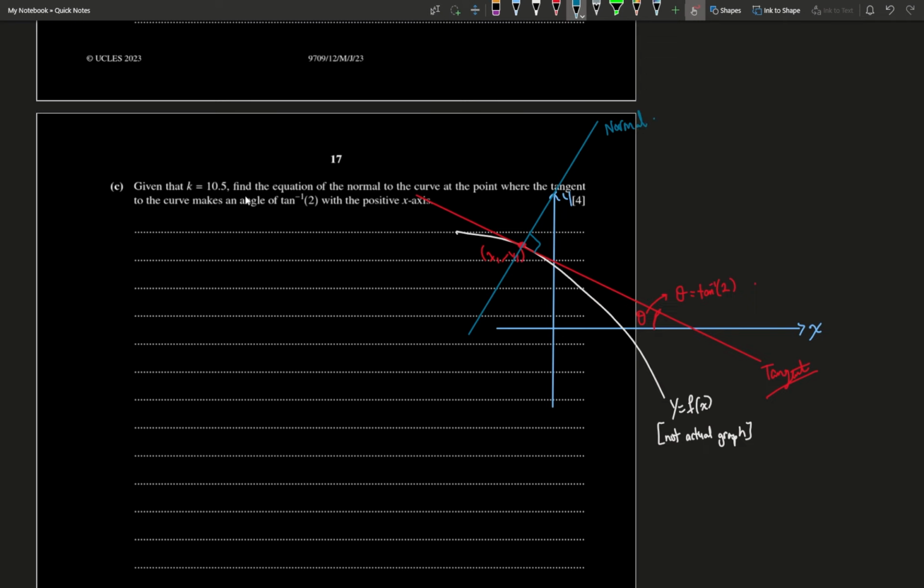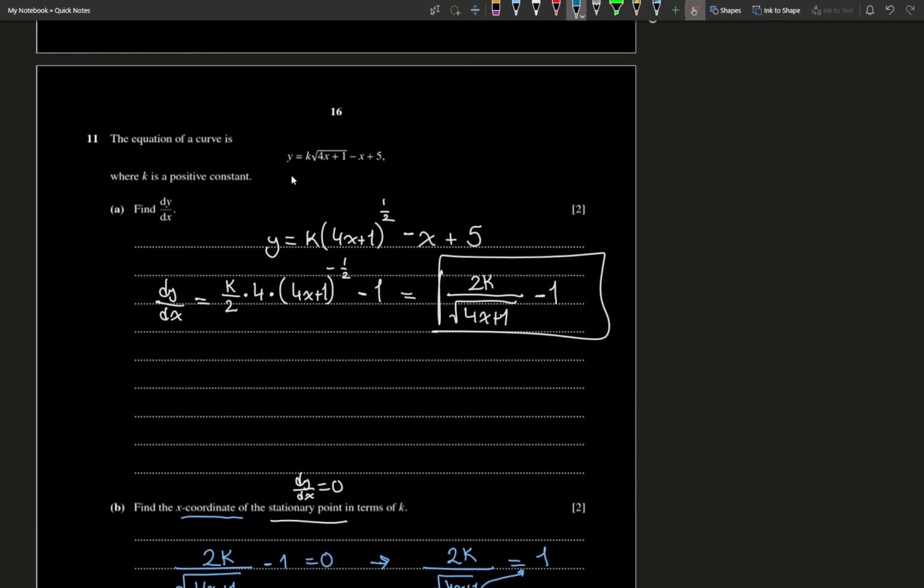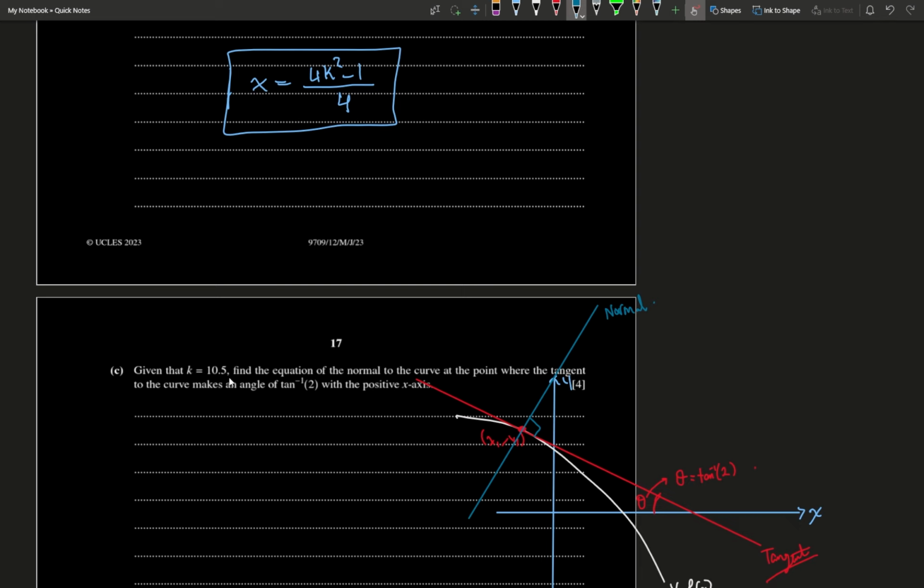It says given that k is equal to 10.5, so let's substitute 10.5 into our y equation and our derivative equation. So k equal to 10.5 gives y is equal to 10.5 square root of x plus 1 minus x plus 5.